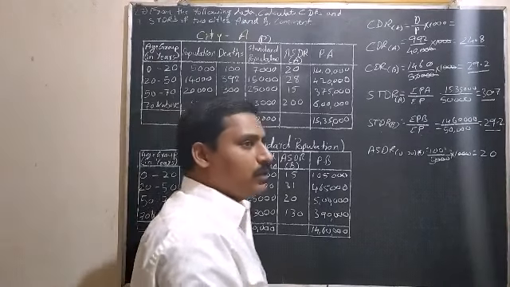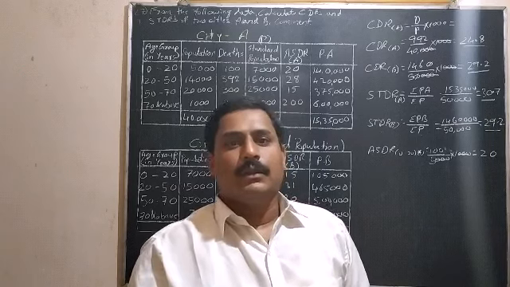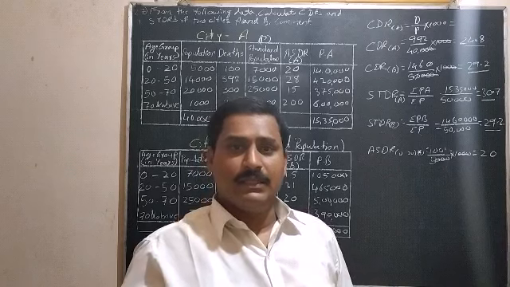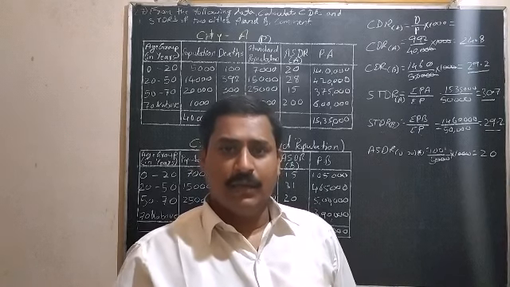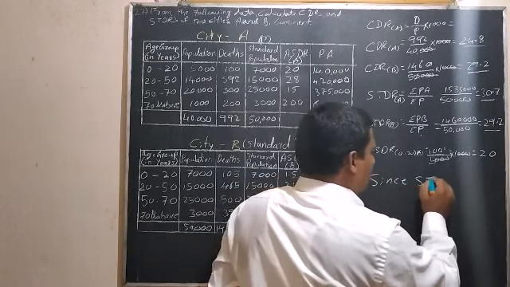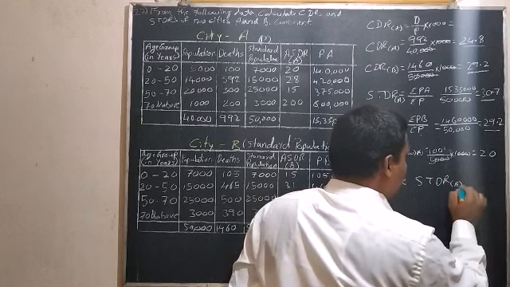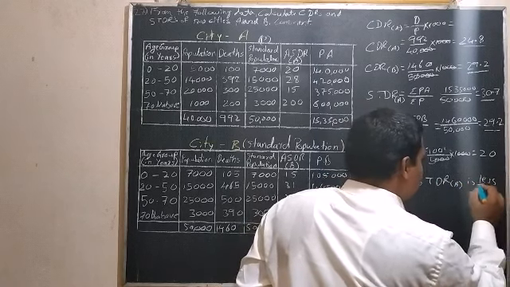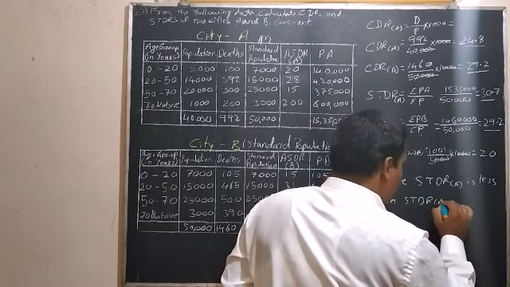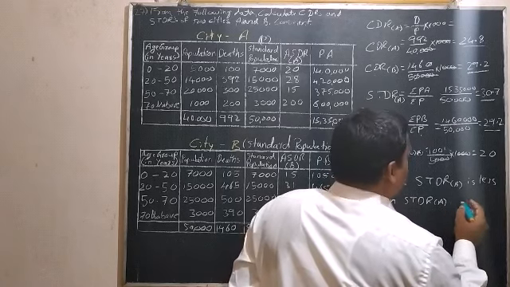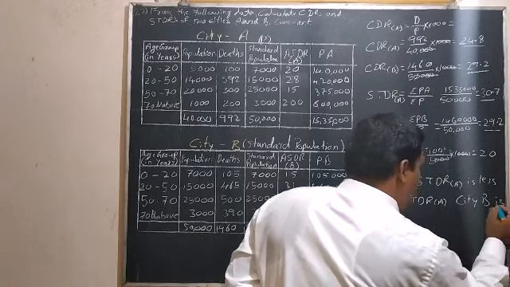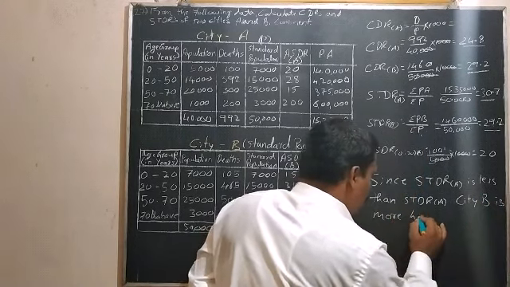So here the conclusion is that city B is healthier as its STDR is less compared to the STDR of city A. So since the STDR of location B is less than the STDR of location A, city B is more healthy.